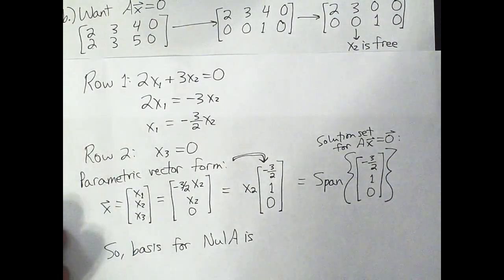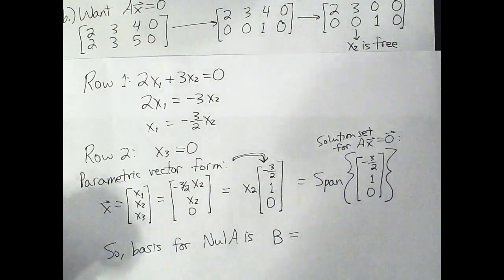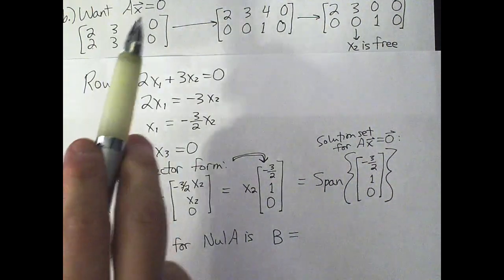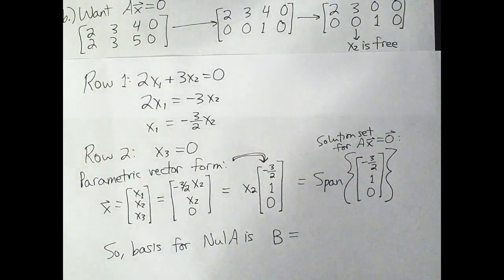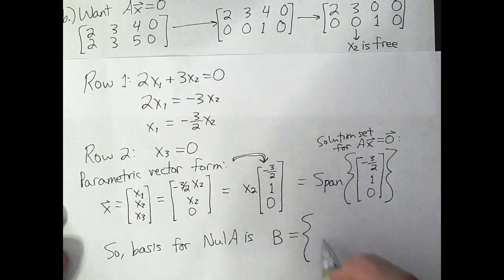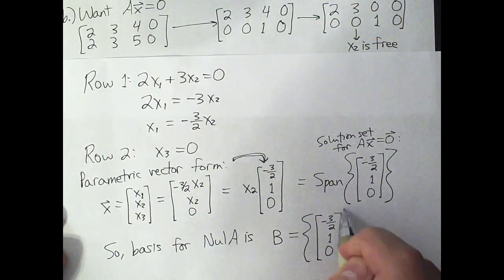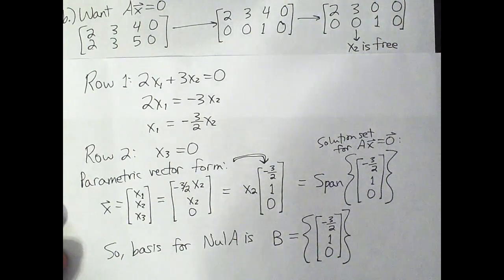I guess, should we call it B? We already used a capital B in part A. So if you want to, you could use a different letter here, or you could call it like B1 and B2. That might be nice. Or maybe you could call it like BC and BN or whatever. But it's okay if you just call it B. So the basis is the set containing this one vector, and I'm just calling it B, because we're in a different part of the problem anyway.